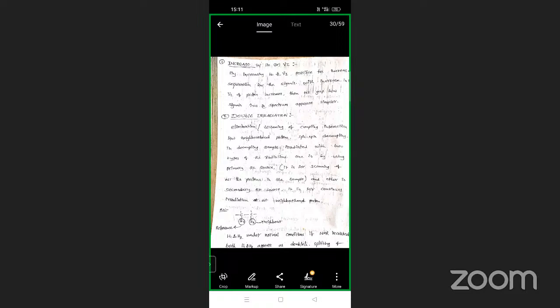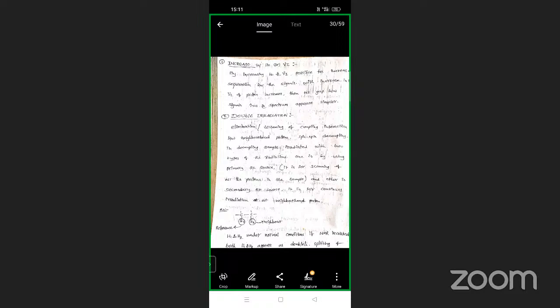We are eliminating or lessening the coupling interaction between the neighboring protons, like spin-spin coupling. We are removing the interaction.